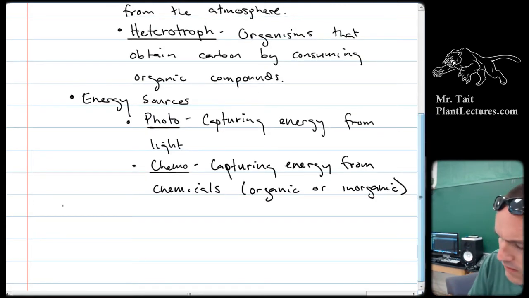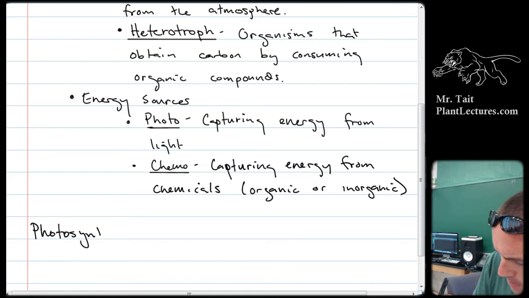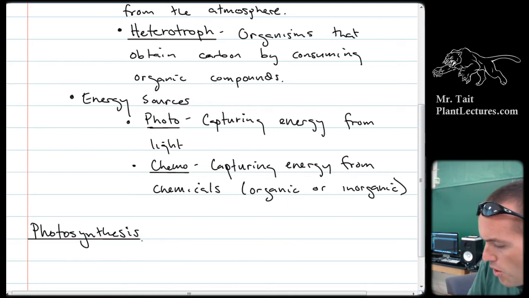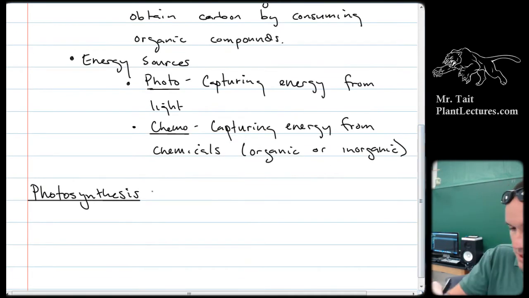Okay, let's start with photosynthesis. Those organisms that are photoautotrophs are going to go through photosynthesis, and photosynthesis means capturing energy from sunlight in order to make sugars.